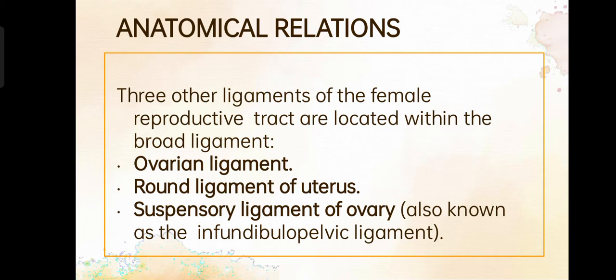It also encloses the anastomosis between the uterine and ovarian vessels, while ang mesovarium is ang extension sa broad ligament nga ga-contain sa ovary. Ang broad ligament contains the structures which are the fallopian tubes.